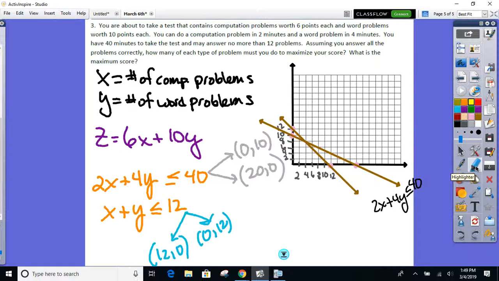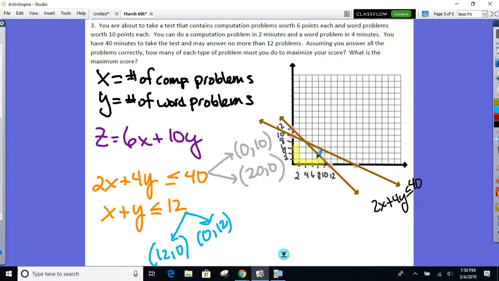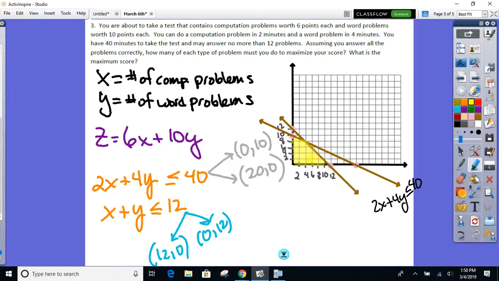Where are both of these lines going to be shaded? Yep, down below the lines. So you should see another 4. It looks like a triangle, but it's actually 4 sides. We had a little argument over one of the points. If you use the straight edge, you can definitely tell what they are.